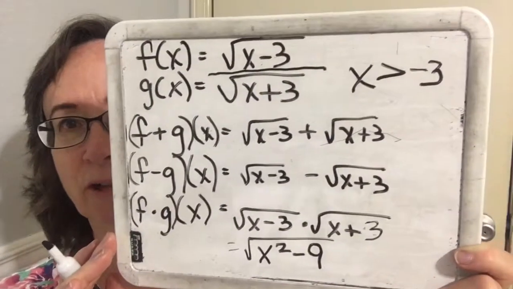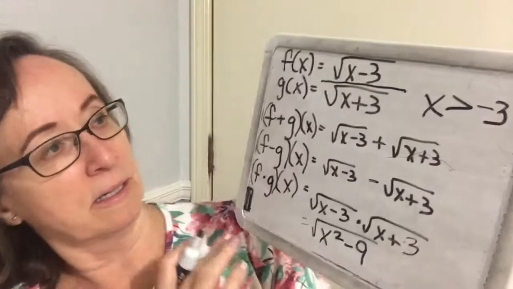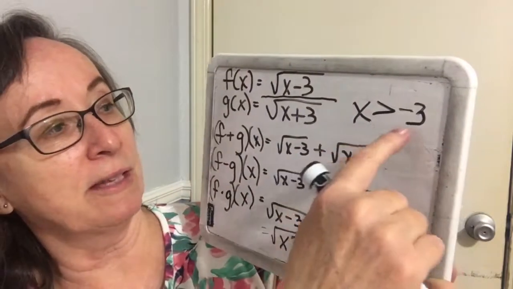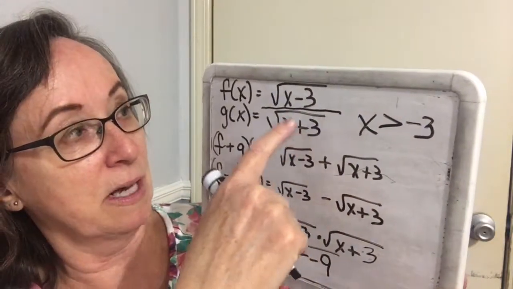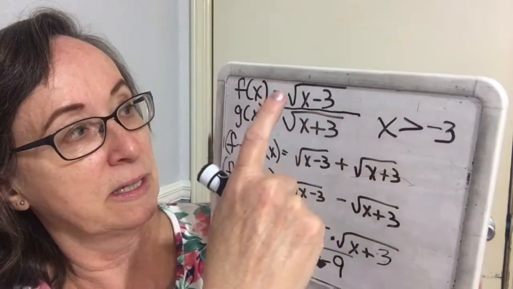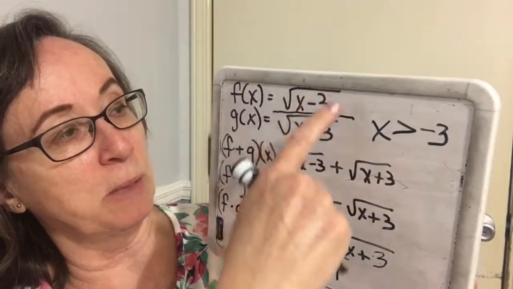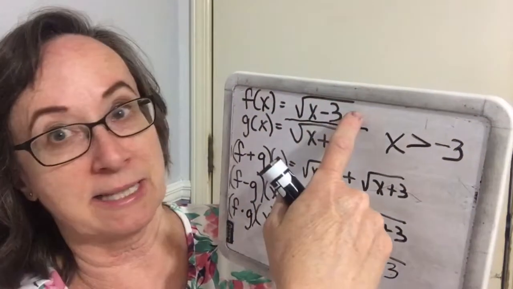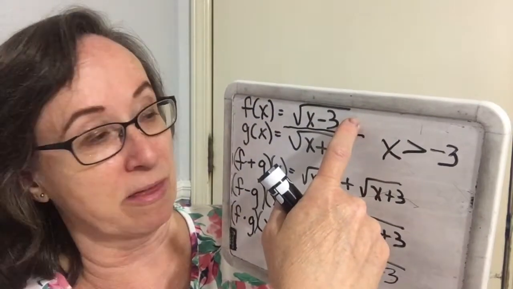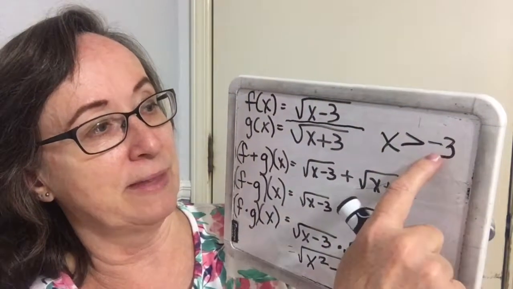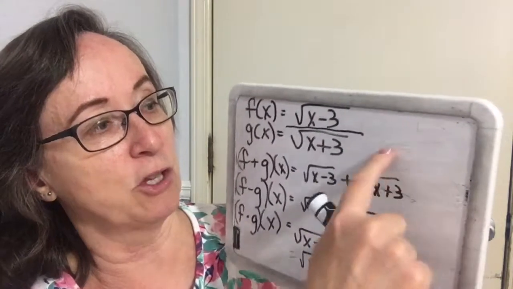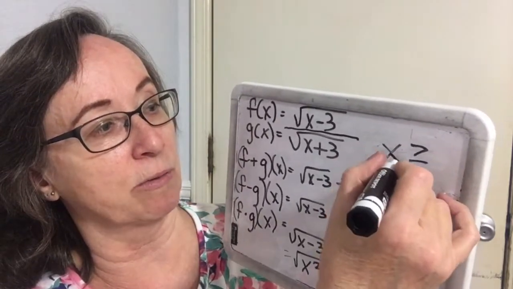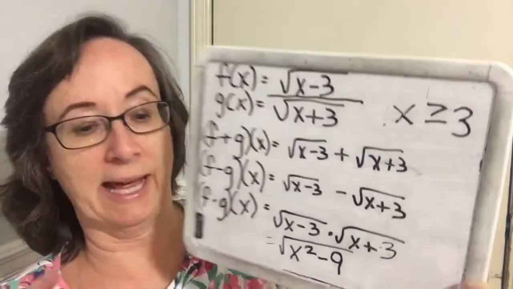But the numerator is not even going to be in the domain, because the domain is limited by this one, which says that x must be greater than or equal to 3. Therefore, this one is irrelevant. The domain of the whole function is x is greater than or equal to 3, which we talked about on the last one.